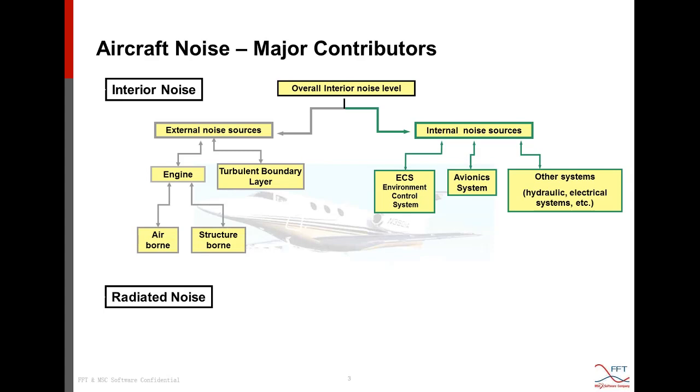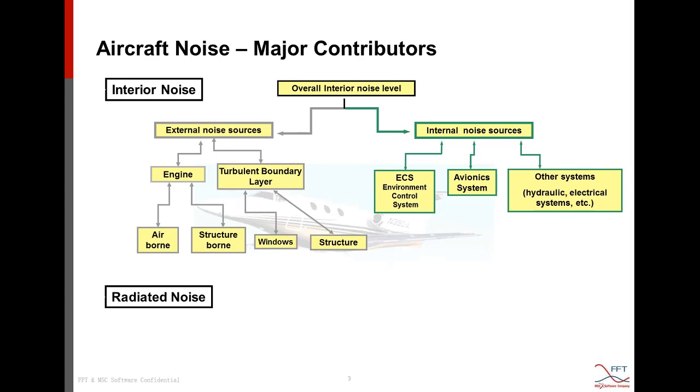And these sources will be transmitted into the aircraft by different paths. For example, by the airborne path, or by the structure-borne path, meaning that the vibration of the engine will cause vibration of the wing, that will cause vibration through the fuselage, and this vibration is transmitted into the interior cabin and creates noise.